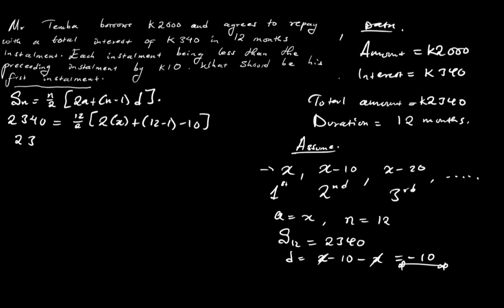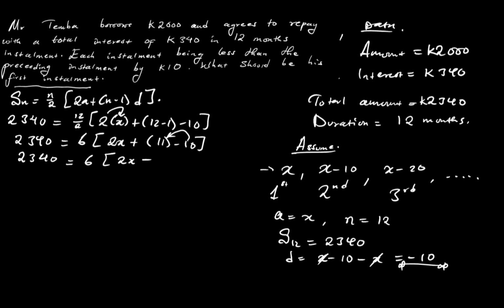So 2,340 is equal to now 2 into 12. Basically, we know that this is going to give us 6. Then 2 times x is 2x plus 12 minus 1 is 11 times minus 10. This multiplies that, and you have 2,340 being equal to 6 times 2x. Now 10 times 11 gives you minus 110, like that.